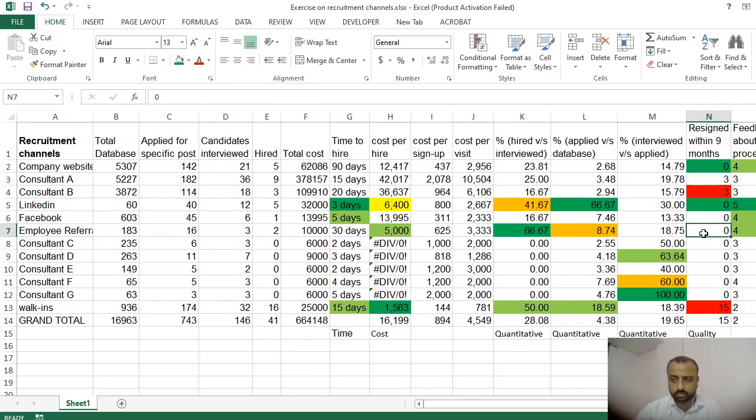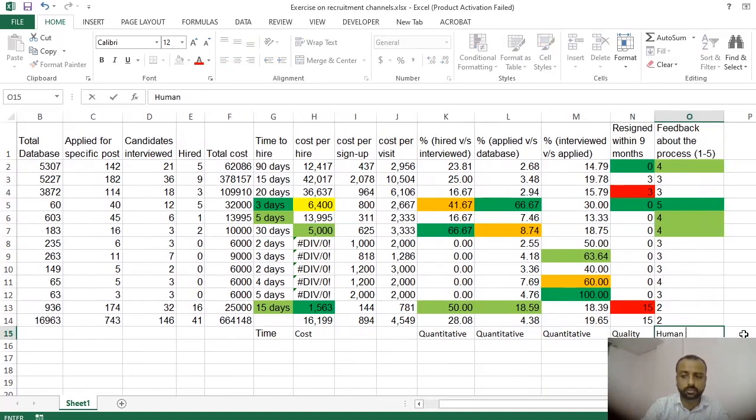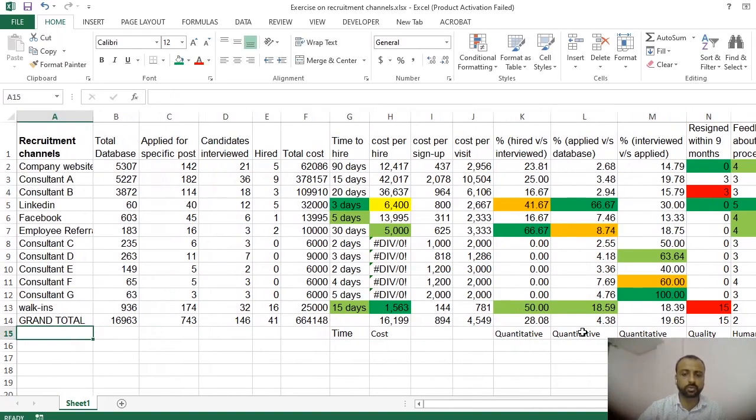So to sum up, what I'm trying to do is gauge the data from 5 different dimensions. I'm trying to consider the quantity and the quality, the time, the cost, and the human reaction.